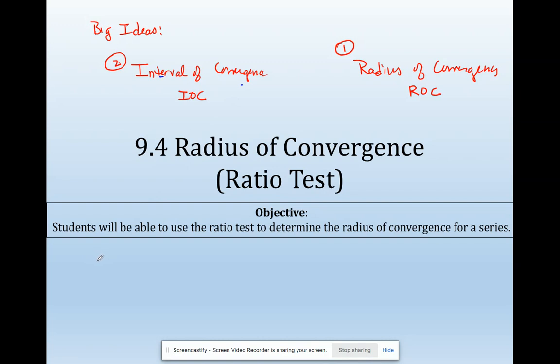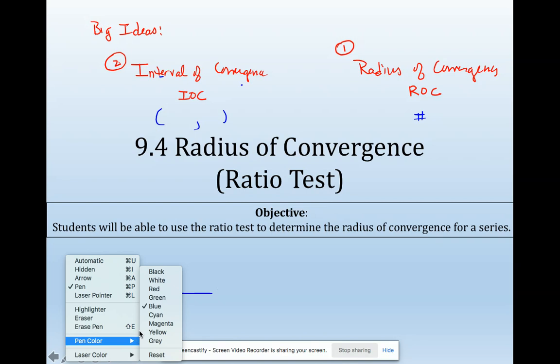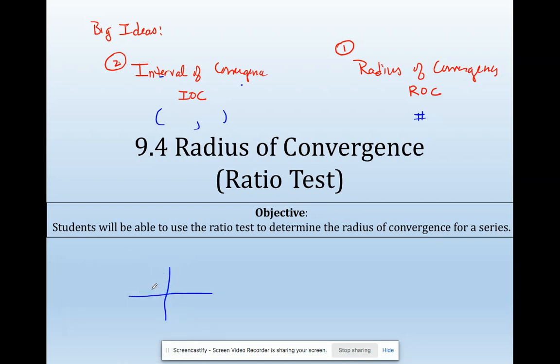So you remember if you have a, first one is an interval of convergence, and the radius of convergence is a number. So the interval of convergence means you have a given function, right? So here is some rando function.